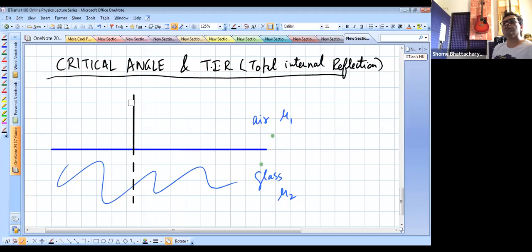So if the ray is going from glass into air or from the denser medium into the rarer medium, then that kind of ray will always tend to bend away from the normal. So you have a situation like this, that tends to be like this.